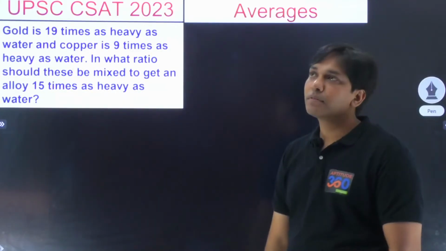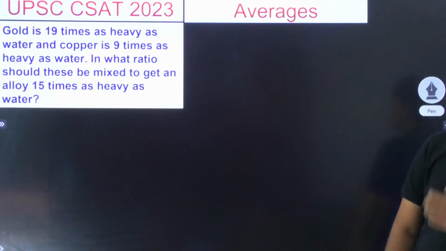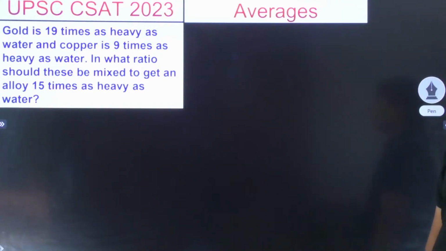How about this one? Gold is 19 times as heavy as water, and copper is 9 times as heavy as water.